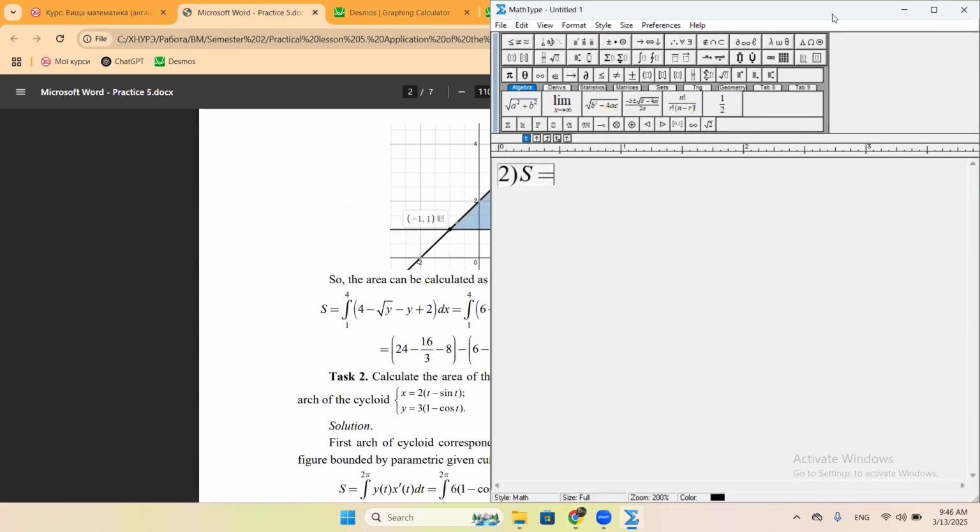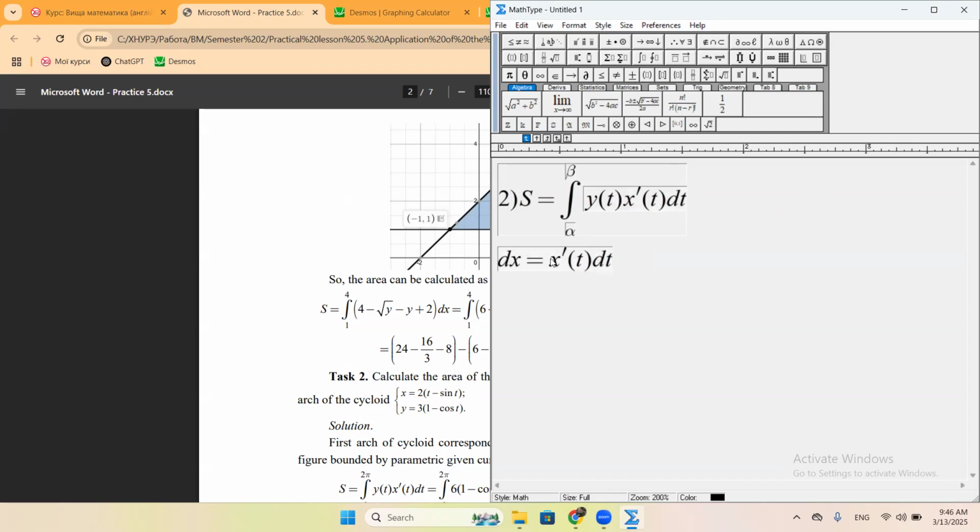Which integral must it be? For a parametric function it is the following integral: y of t multiplied by x prime of t, dt. Actually, dx equals x prime of t dt.